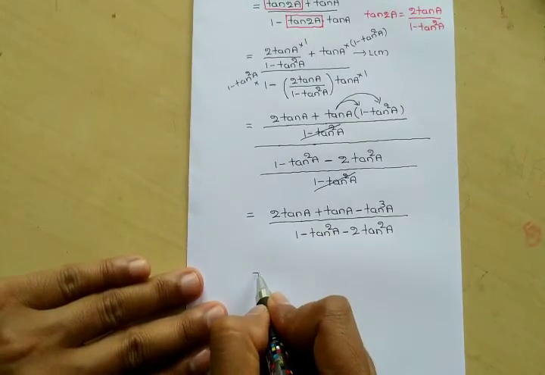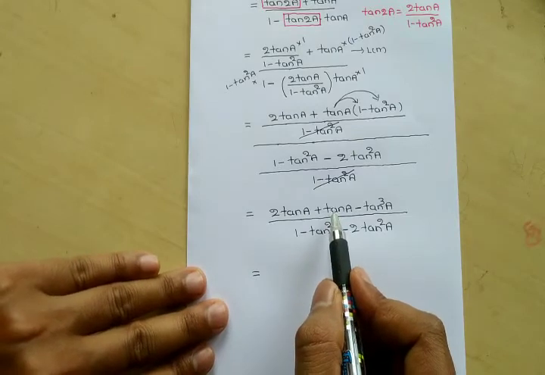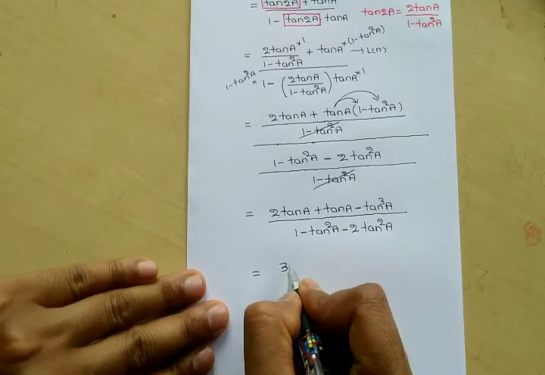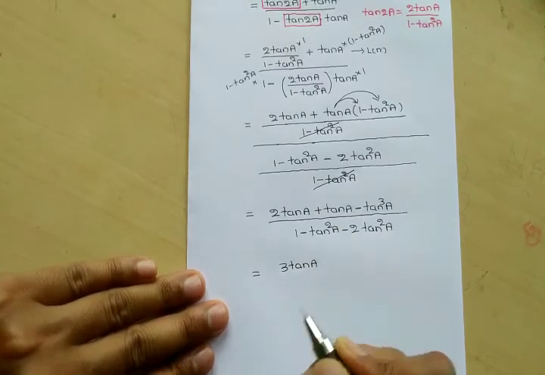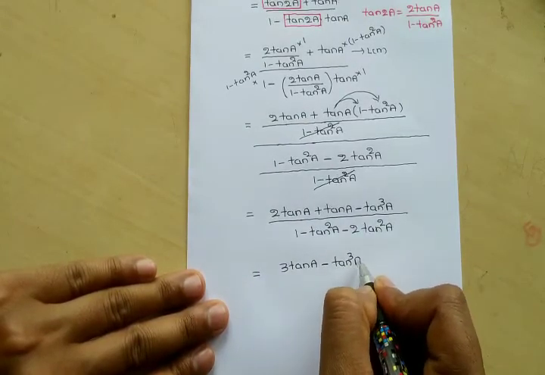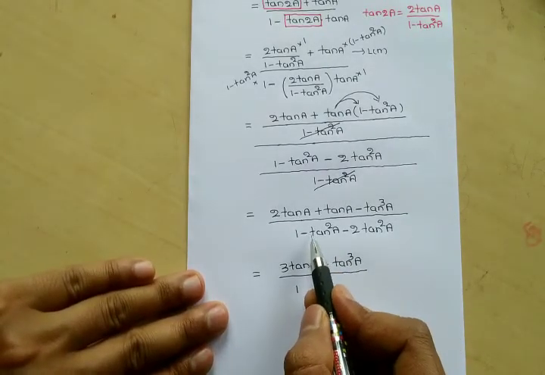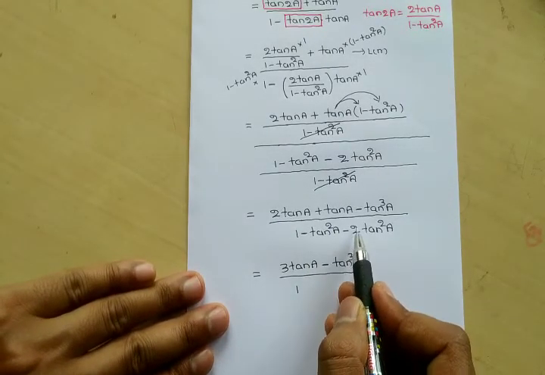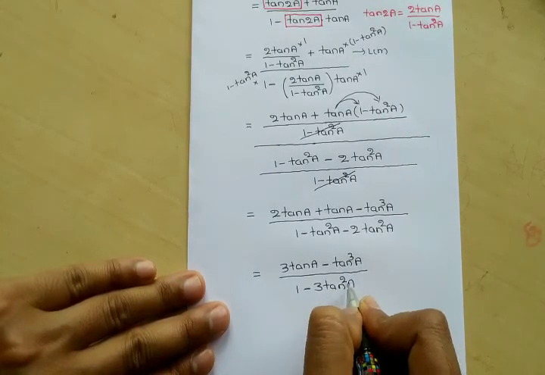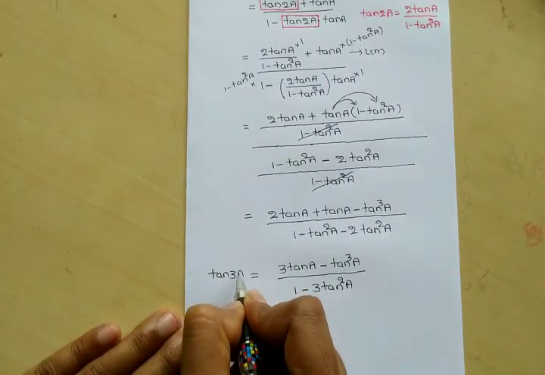So next, it equals, so here you can see 2 times tan A plus 1 times tan A. So 2 tan A plus tan A is 3 times tan A, minus tan cube A, keep it as it is, divided by 1, I am going to keep it as it is here, minus 1 times tan square A minus 2 times tan square A is minus 3 times tan square A. So this is the formula of tan 3A.